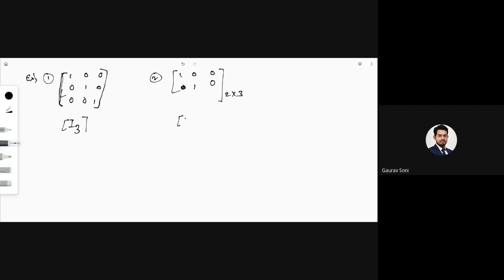Then the normal form will be [I_2, 0], the second one in our definition. For the third one, I can have a matrix like this, and the last row is 0. So I have a 3 by 2 matrix given. I have done the operations and I am getting to this form. So what I have got here is [I_2; 0].